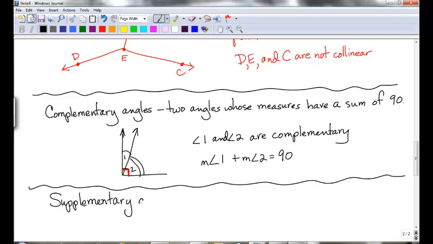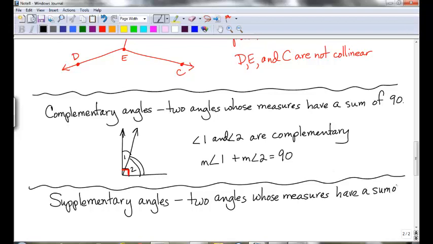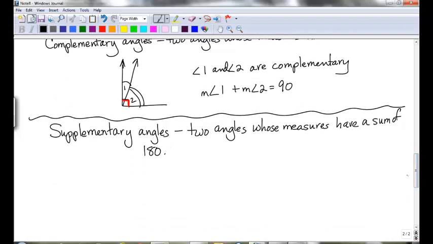Supplementary angles are two angles whose measures have a sum of 180 degrees. And that would look like this. They will always be in a straight line.